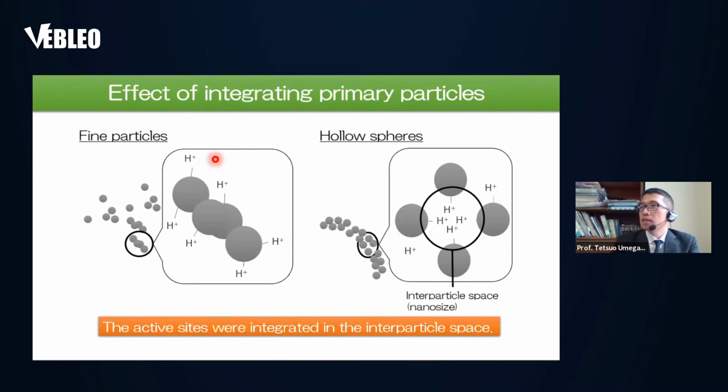On the other hand, the primary particles in hollow sphere shells formed a large number of nano-sized interparticle spaces, and most of the sites were integrated in the nanospaces. For these reasons, ammonia strongly adsorbed on them, and ammonia borane highly reacted on the sites.